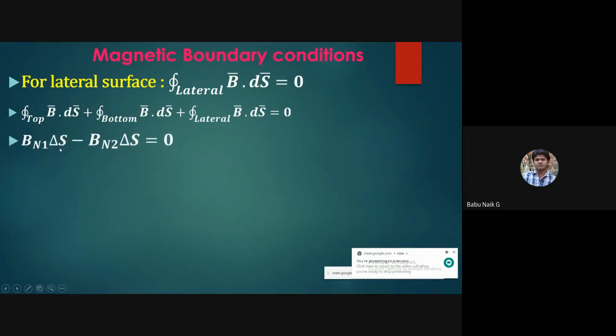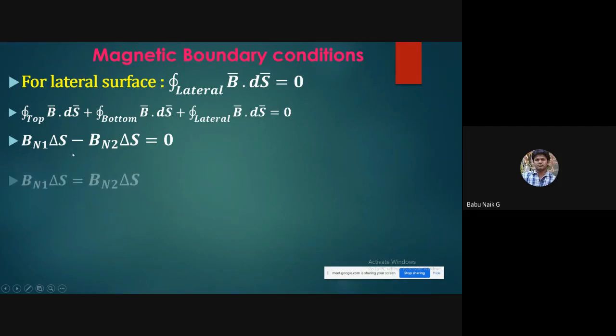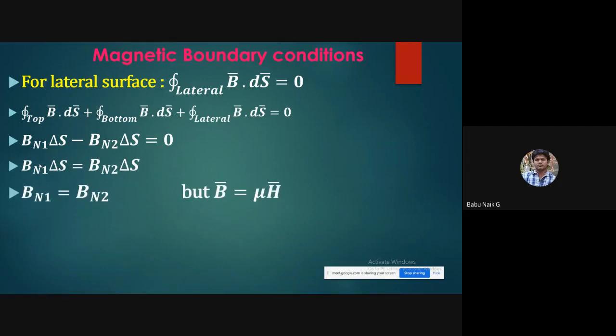Now top we got as Bn1 delta S, and then bottom we got as minus Bn2 delta S, and the lateral is 0 here. So now both are equal. So we can write Bn1 delta S equal to Bn2 delta S.